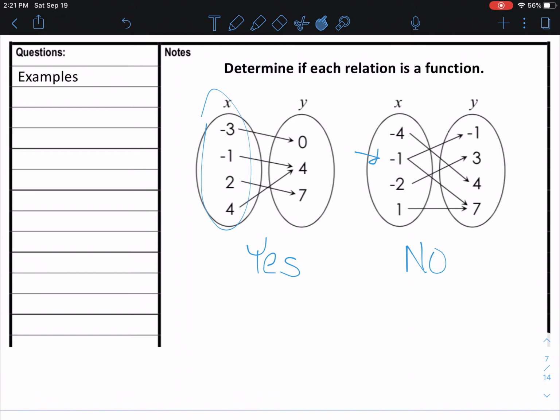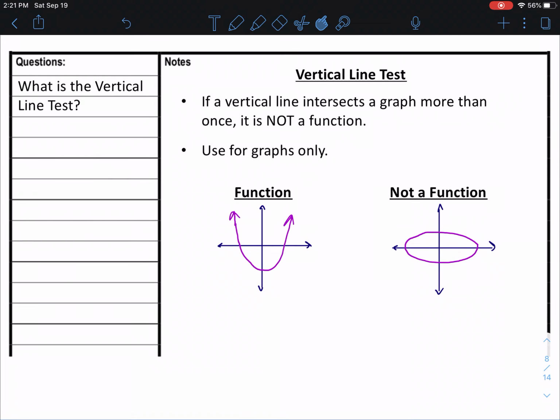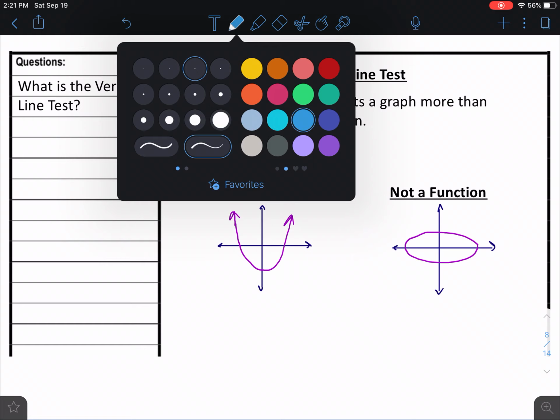Okay, so there's a couple of things. You also have graphs, and the easiest way to tell from a graph if it's a function or not is to use the vertical line test. So on the left, I have here a picture that's a function, and on the right, I have one that's not a function. And let's examine why that is.